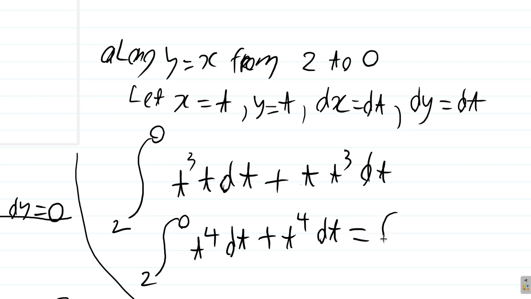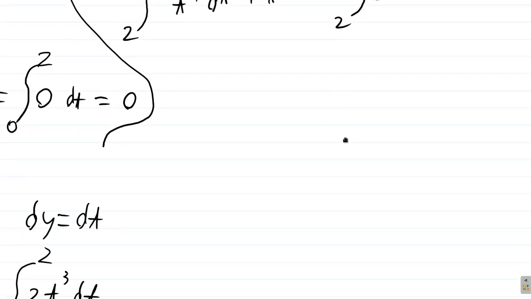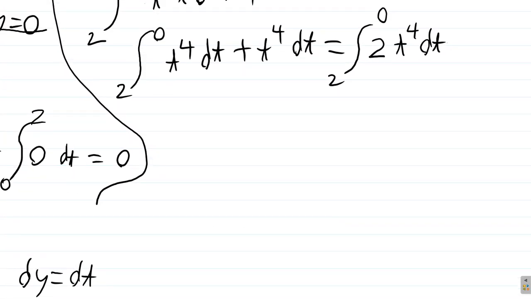So what we have is the integral from 2 to 0 of t to the 4 plus t to the 4 dt, which is 2 t to the 4 dt. That is what we're going to integrate.